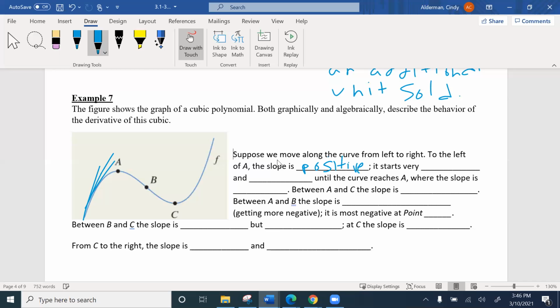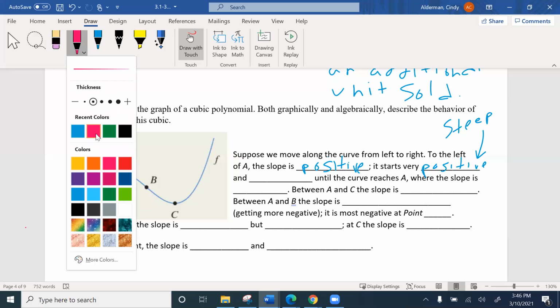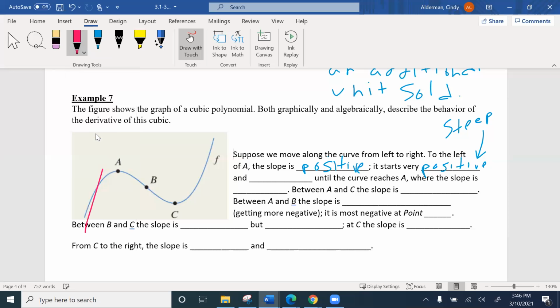Good. It starts very positive, meaning steep. Like those lines are pretty steep in the beginning. But then, let me draw them better so you can see. So here it's really steep, but here it's not as steep.